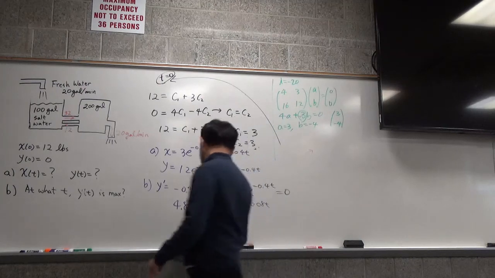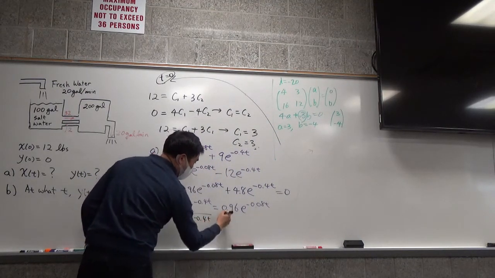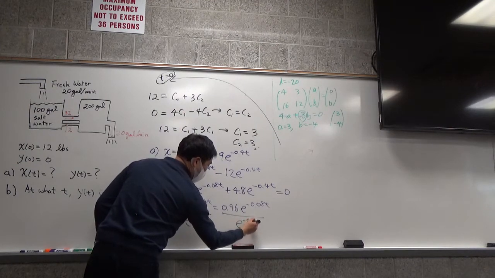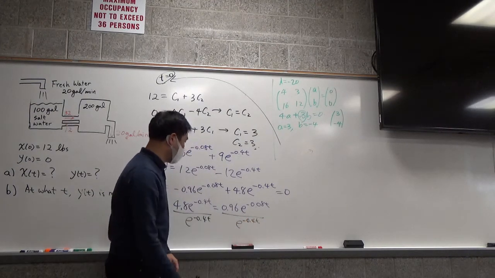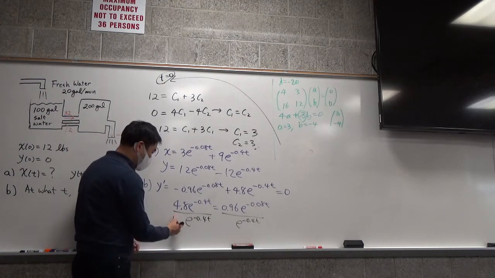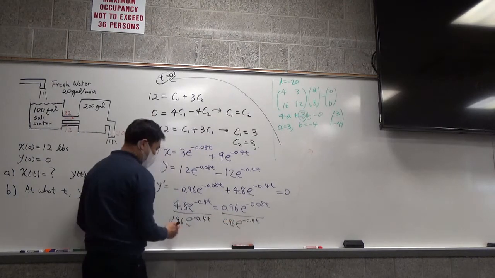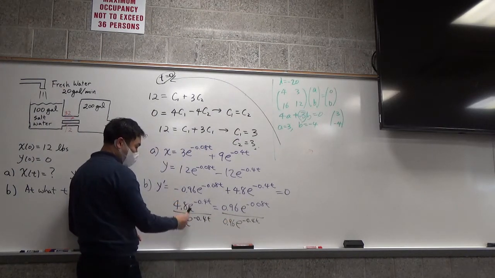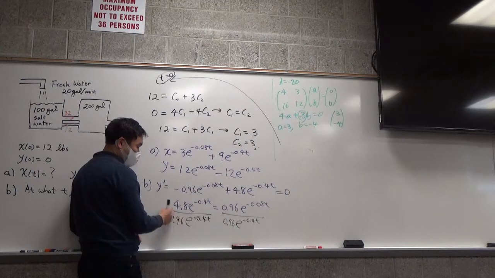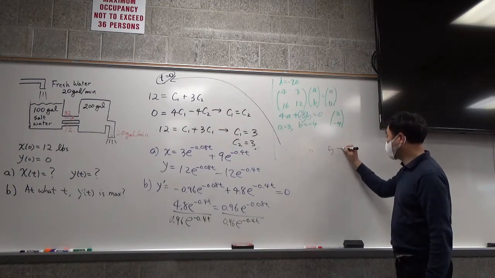Let's divide both sides by e to the negative 0.4t, and then let's also divide both sides by 0.96. If you use your calculator to divide this, you'll see that you get 5. 5 times 0.96 will give you 4.8. So on the left side, you get 5.